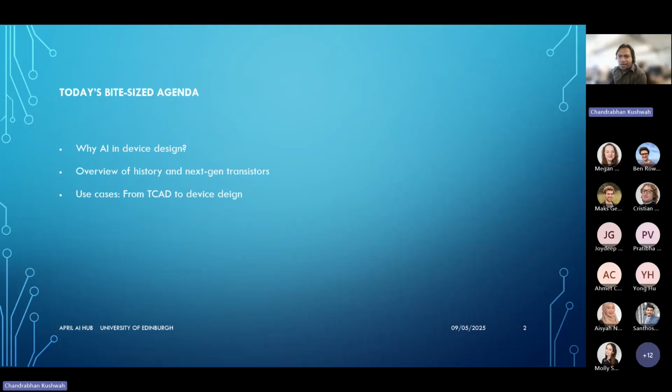AI allows us to automate these design tasks, predict performance with high accuracy, and explore a massive design space in a fraction of the time, because it's a good idea to have a task dedicated to AI, which can do it for us faster than the conventional design approach.